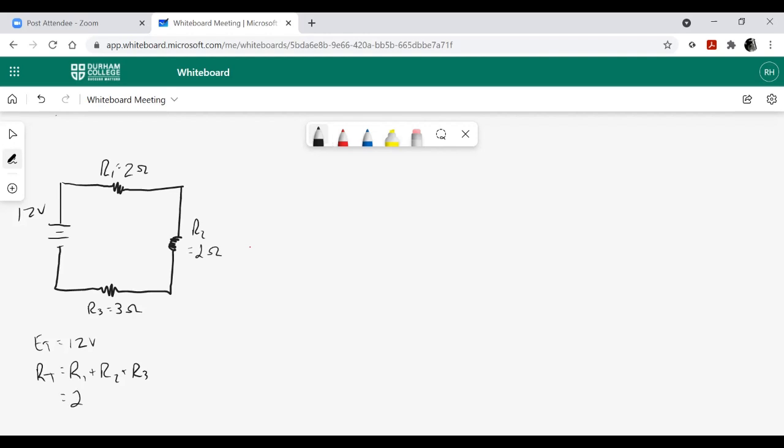So that's going to be 2 ohms plus 2 ohms plus 3 ohms, which is 7 ohms. So that's our total. Total resistance, 7 ohms.